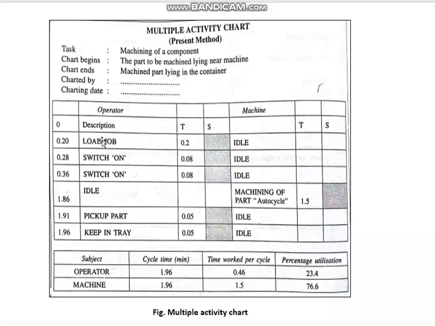Now let us see what task is allotted to us: machining of a component. The part is lying near the machine, and we start with 0 time. First, you have to take the part lying near the machine and load the machine.